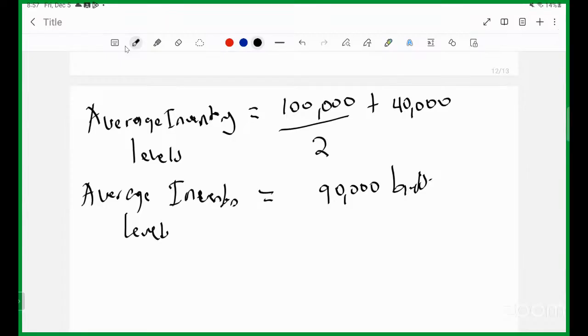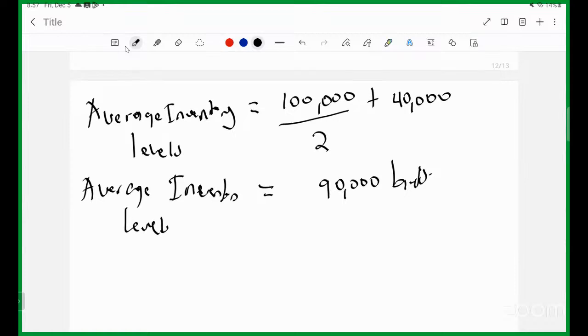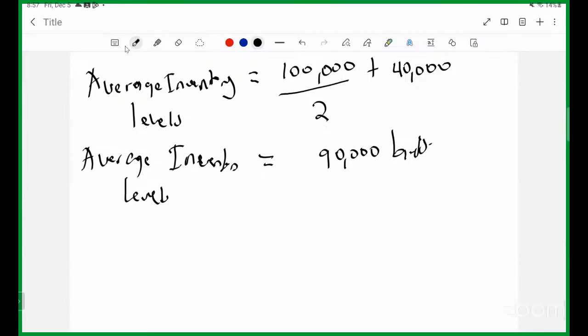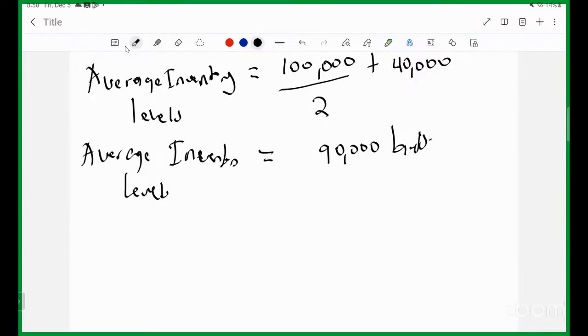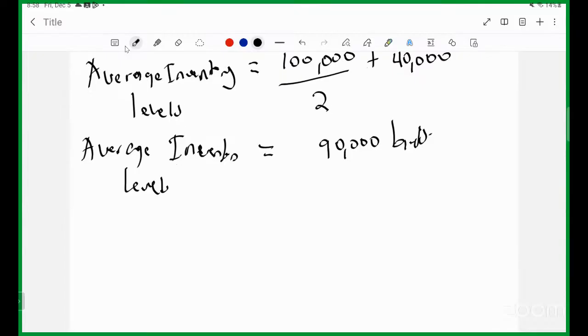It takes you 10,000 shillings to keep a bird. So does that mean that we only apply the buffer when we are computing the average inventory level? Yes, we apply it when we are computing the average inventory level.